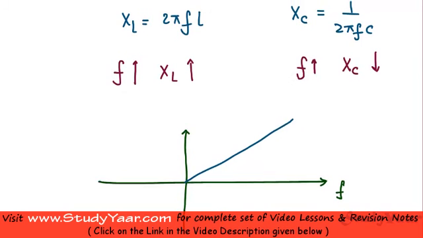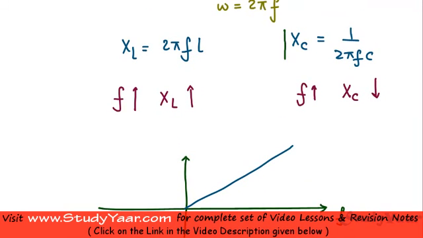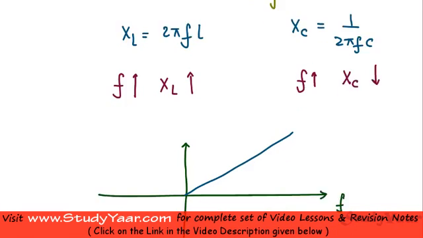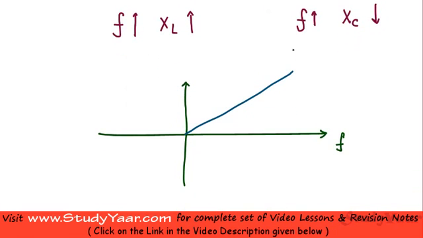If you draw a plot of your capacitive reactance against your frequency, you are going to realize that your capacitive reactance decreases as frequency is increased. So if you're starting from 0, your plot is basically going to be something like this.